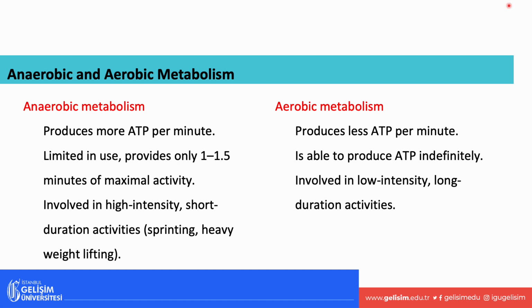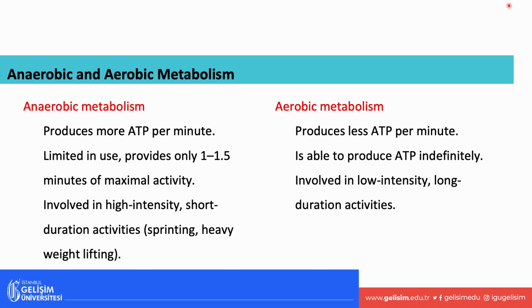Now, anaerobic metabolism is a type of energy production that does not require oxygen. It's capable of producing more ATP per minute than oxidative metabolism. However, again, it's limited in its use and can only provide about 1 to 1.5 minutes of maximal activity.